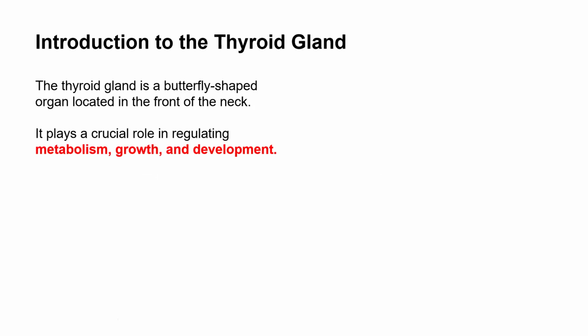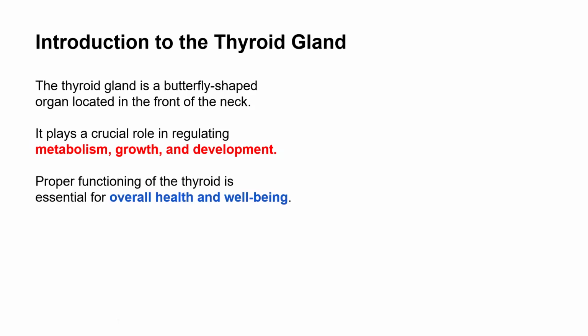And the major role of this thyroid gland, it plays an important role in regulating the metabolism, growth, and development of an individual. So the proper function of the thyroid gland is essential for our overall health and well-being. If the thyroid gland is important in metabolism, growth and development, of course, it is very important for our overall health.